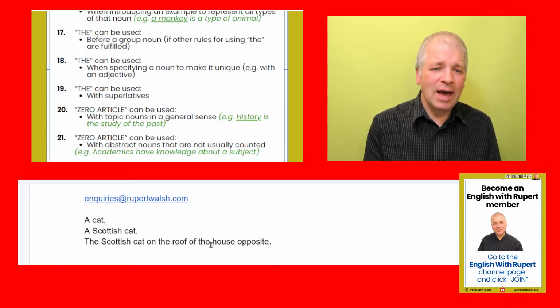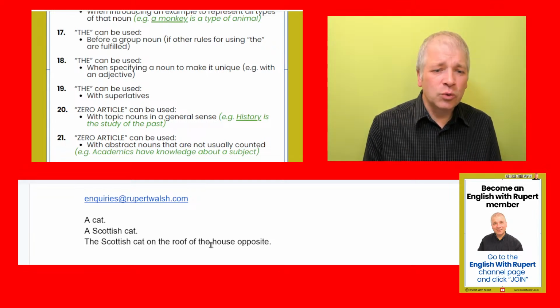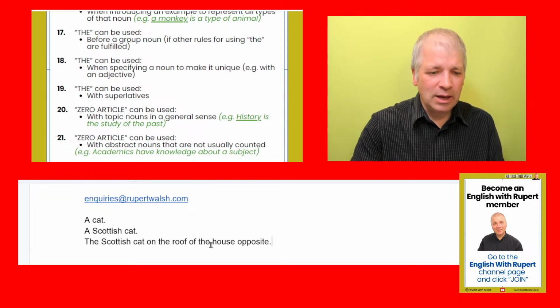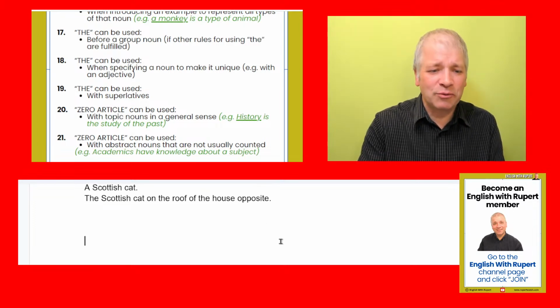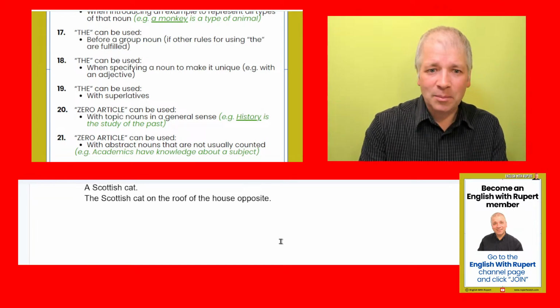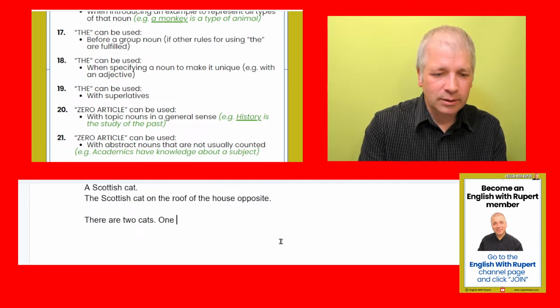So this can also be used with adjectives to make a noun unique. Let me try another example to make it easier for you. There are two cats. One is black.